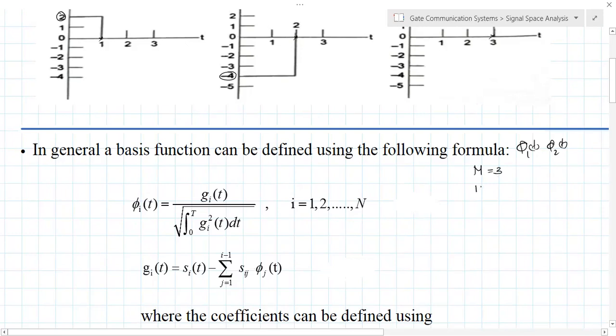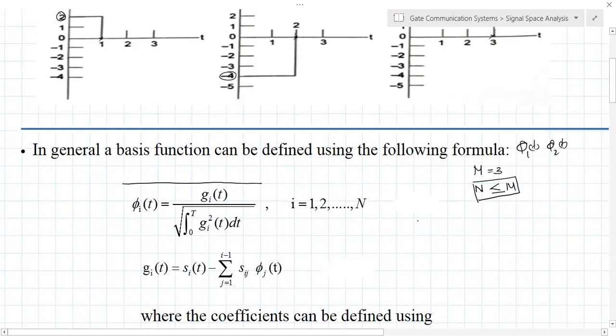Then there will be n number of orthonormal functions, which should satisfy the condition that n should be less than or equal to m. So maximum you will get 3 or less than that. So each orthonormal function we can calculate by using this particular formula, that is phi 1 of t can be written as g1 of t divided by the root of the integral from 0 to T of g1 of t the whole square dt.